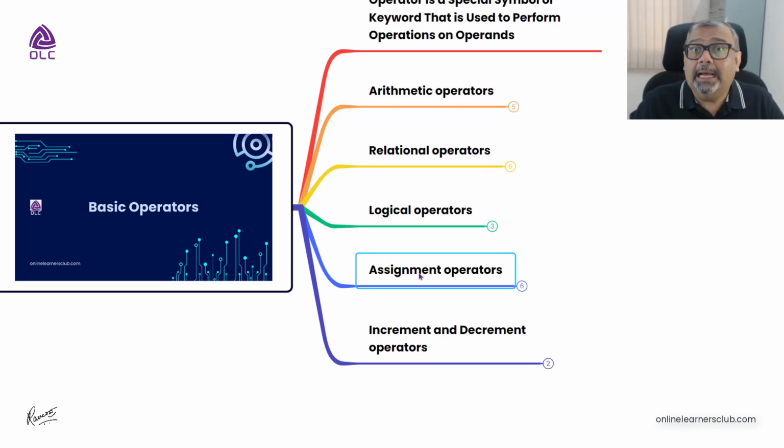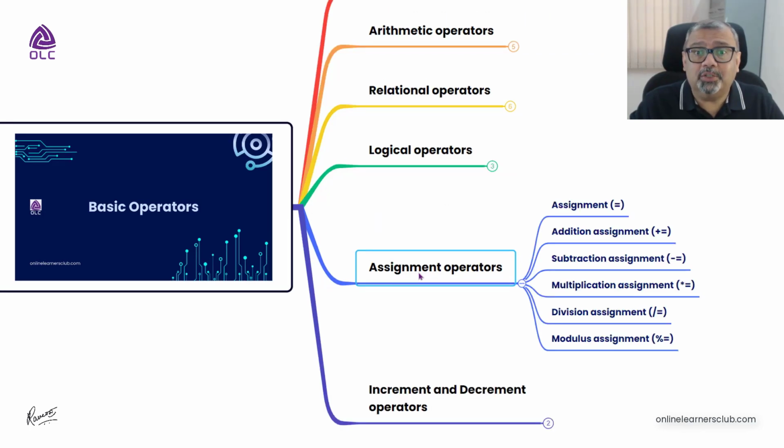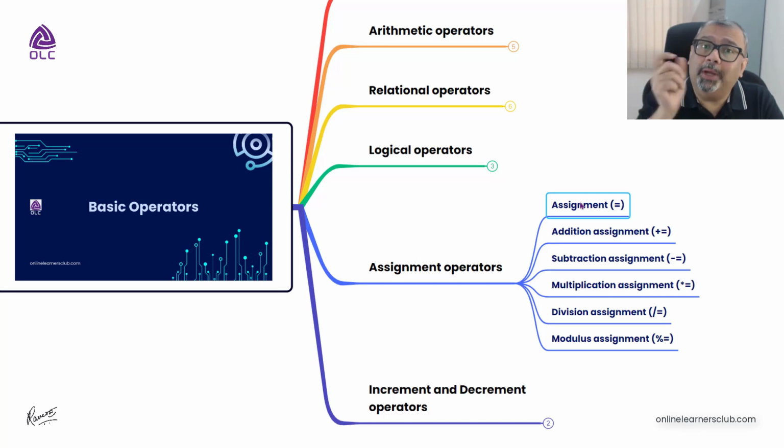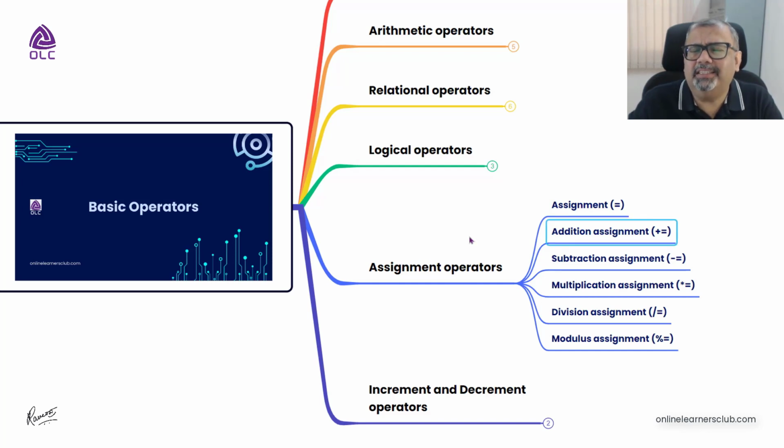Then we have another set of operators known as assignment operators. Assignment is a very important usage that we see. For example, you want to say i is equal to 10. So the equal operator comes into the picture, which is used for assigning 10 to a variable, say i. Similarly, we have addition assignment. This is very simple.